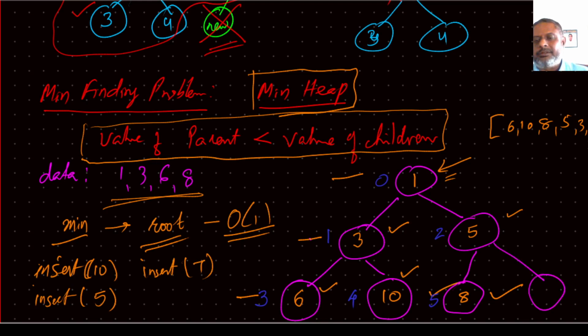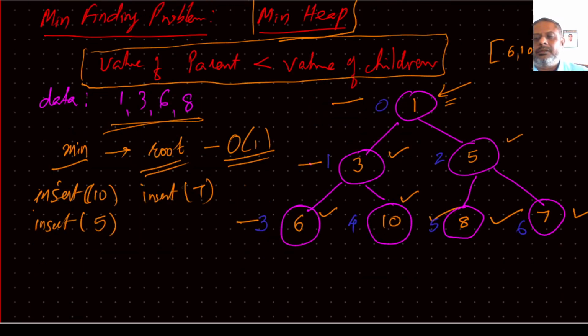The next place is this, whose index is 6. So can we insert 7 into that? Let me try. I add 7 here. 7 is greater than 5. Yes, the min heap condition is satisfied. Therefore, this is still a min heap.